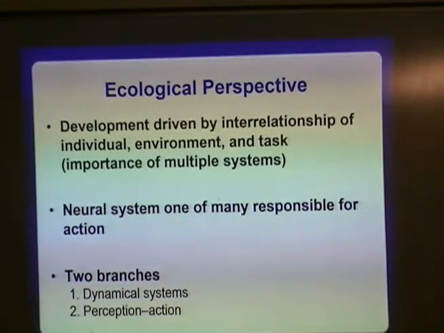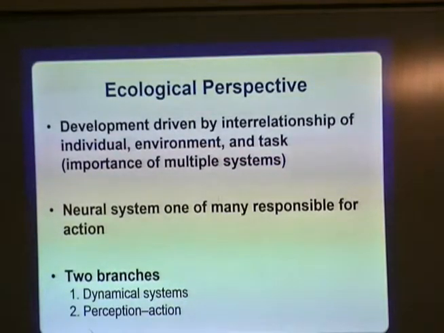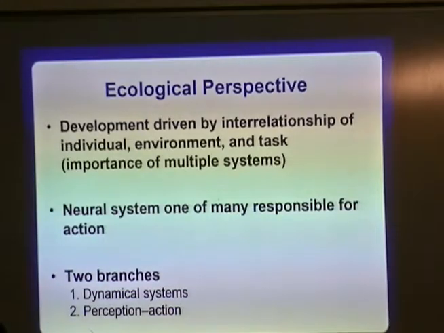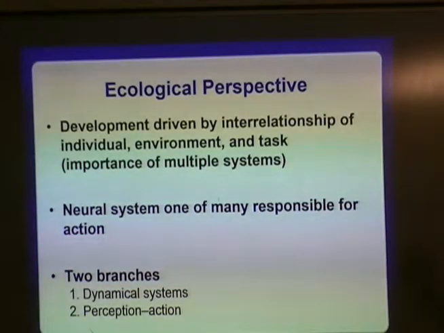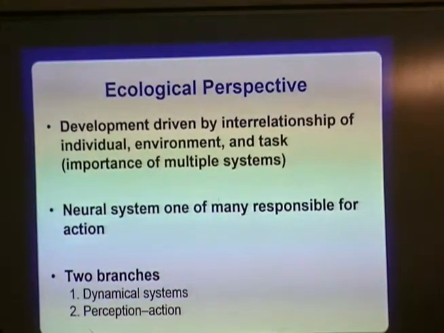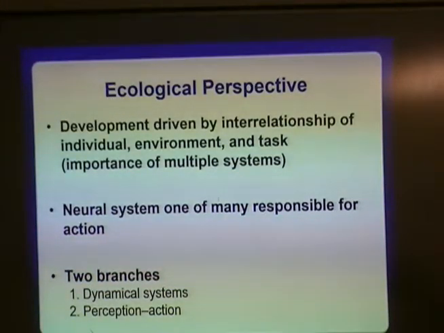So what they started to think was that perhaps movements self-assemble. Perception maybe is direct, and I don't have to have that information go all the way up to the brain all the time. Sometimes the muscles can organize themselves into a functional unit without the brain's control.